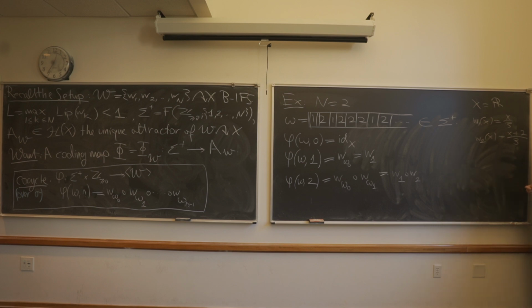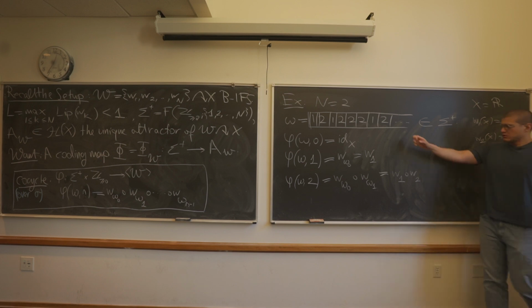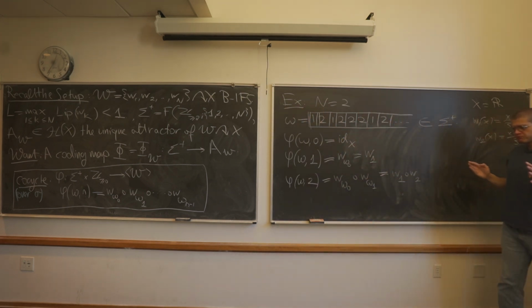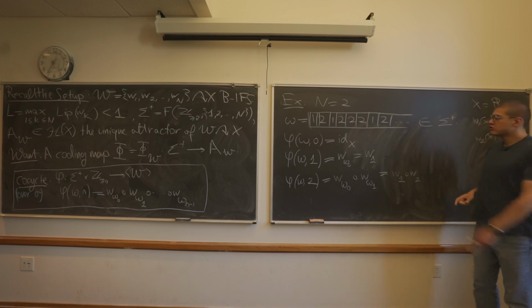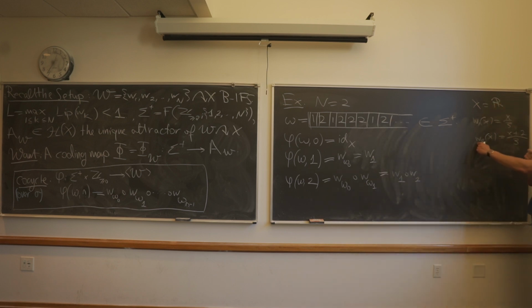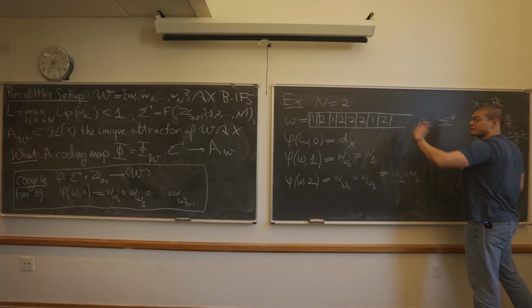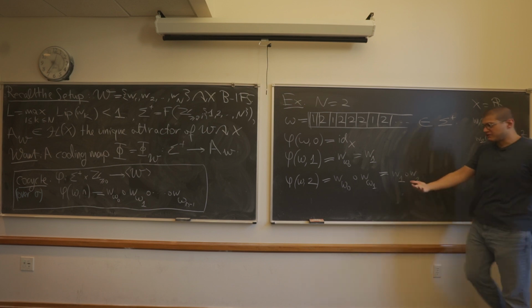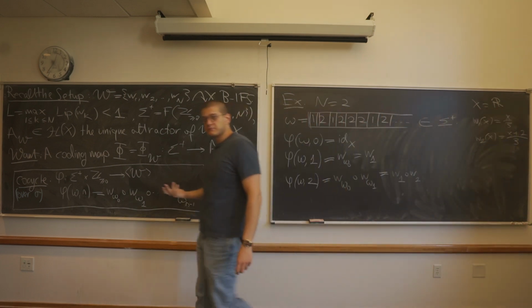The moment you fix a sequence, you determine completely in which order you're going to apply these transformations. It says, oh, first apply this, then this, then this, then this 3 times, then this, then this, according to this omega. If I had a different omega, the sequence would be different, and ultimately where I would end up would also be different, okay?